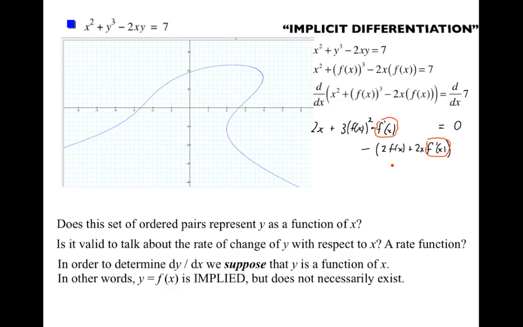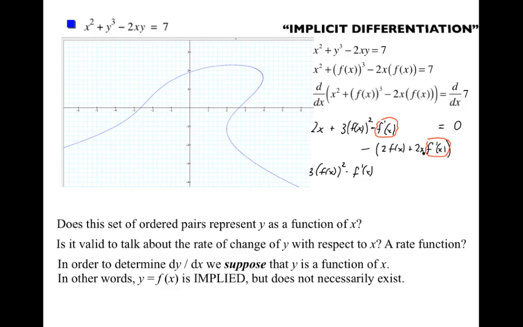Okay, so it looks like there's 2 terms that don't have an f prime of x and 2 terms that do. So this is the first one. We're going to leave it on the left. So we got 3 f of x squared times f prime of x. And then this minus carries into these parentheses, right?